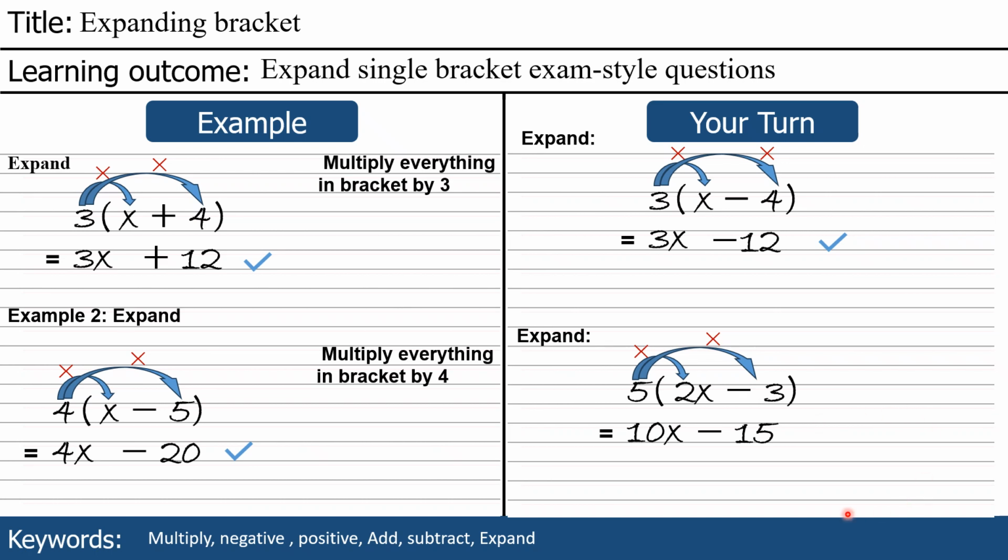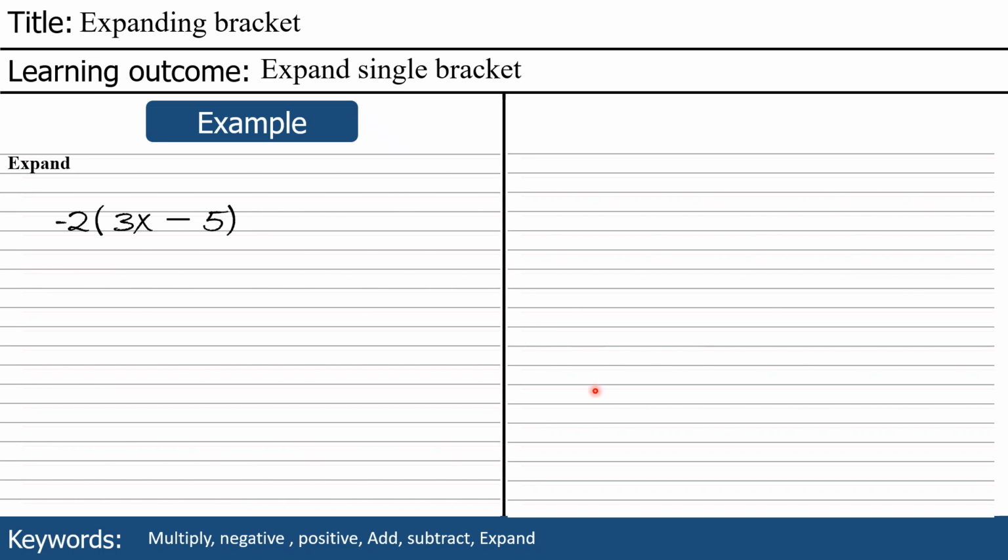Okay, now let's look at some exam style questions. Okay, here we go. Expand. Now we have a negative 2 outside the bracket, but the procedure remains the same.